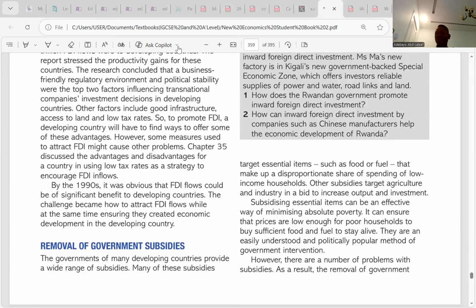So one way to encourage economic growth and economic development is by trying to pull in foreign direct investment. And to pull in foreign direct investment, countries must try to put certain advantages in place that would make it an incentive for them to come in. So that was the second point.